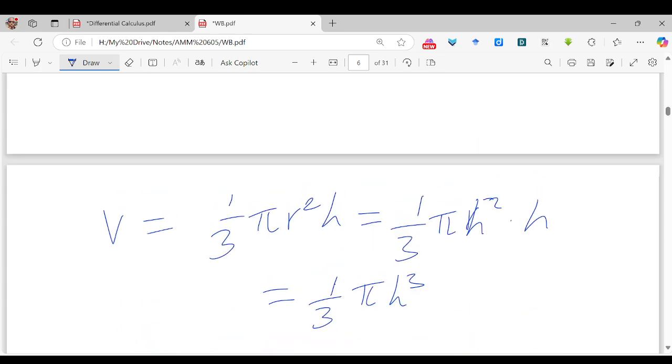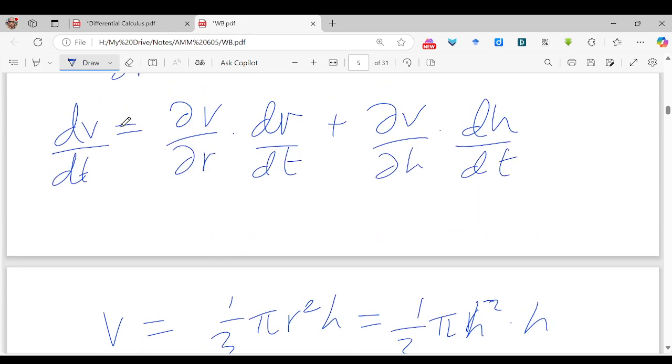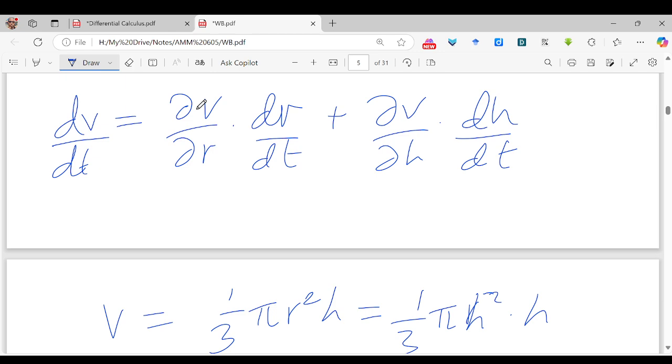So in our expression here, we shall substitute the partial derivative of V with respect to r and the partial derivative of V with respect to h as we have there. Then dr/dt is equal to dh/dt.